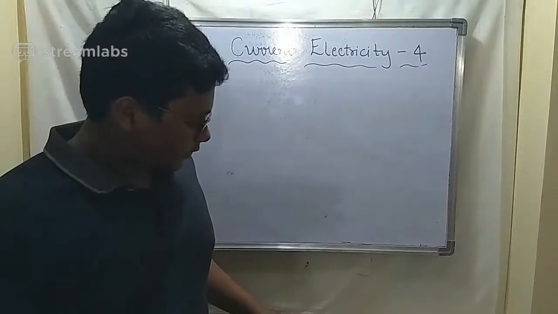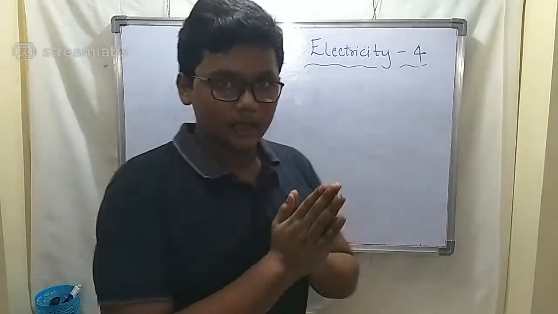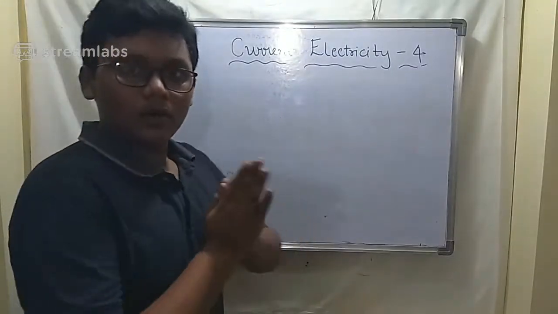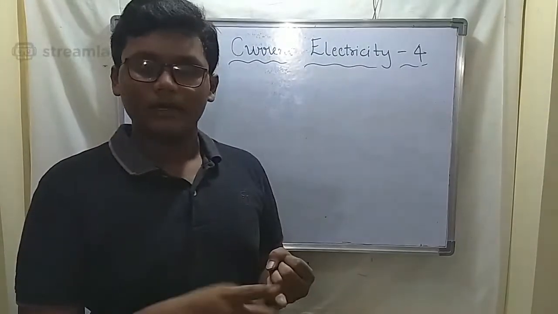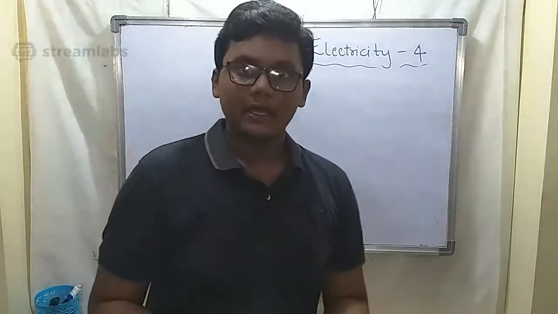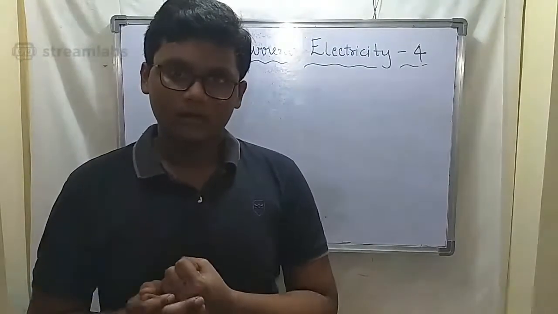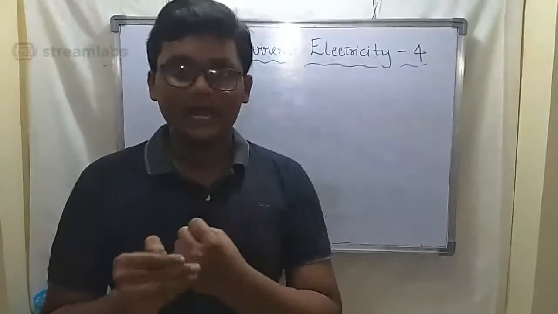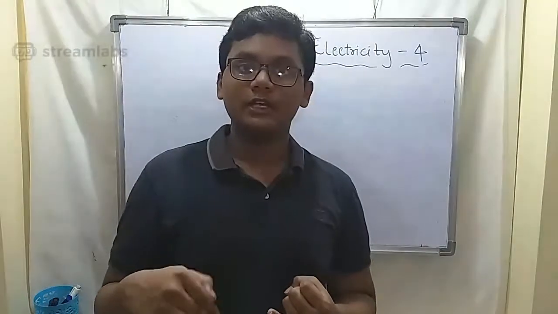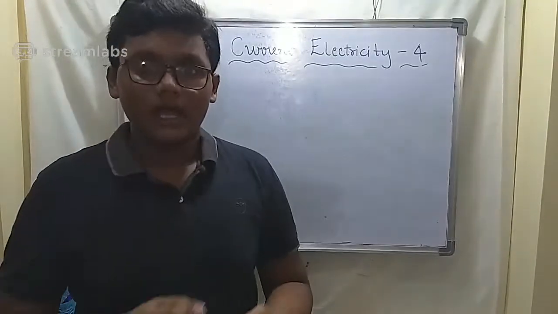Today we have discussed these numericals, and the last topic recalled from the last session: R is proportional to L square, and R is inversely proportional to A square, the cross sectional area squared.